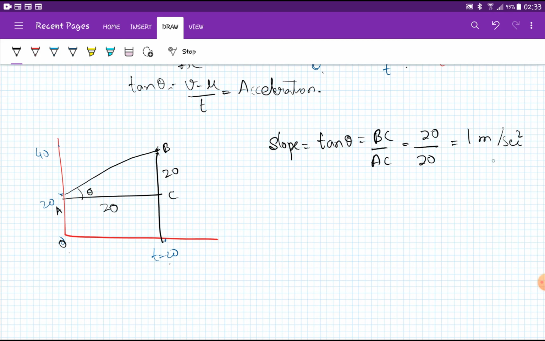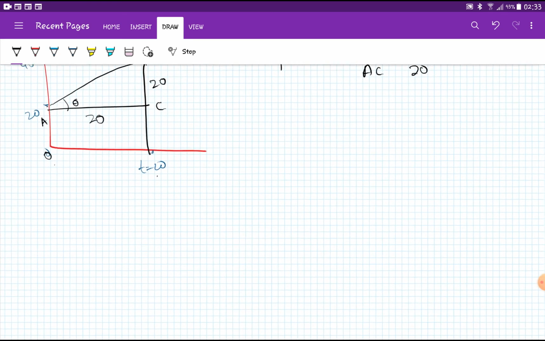Okay, so by using this method you can find the acceleration. Now in the next problem, what will happen if the examiner asks you to find the acceleration as well as retardation.